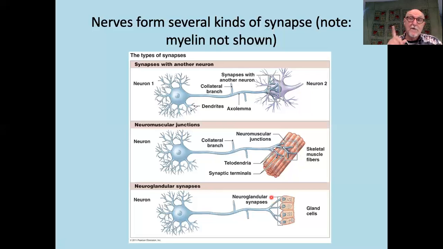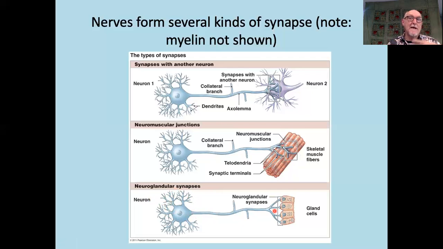And the third kind of connection, very important, and we'll hear about it when we talk about the endocrine system, is the neuroglandular synapse. Many of our glands will only release substances under nervous control.